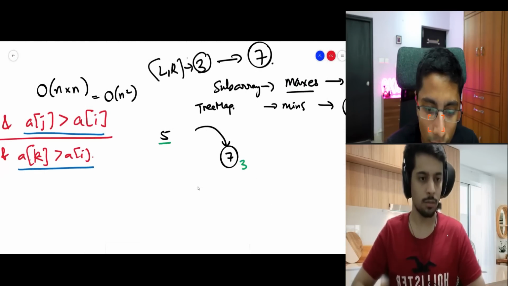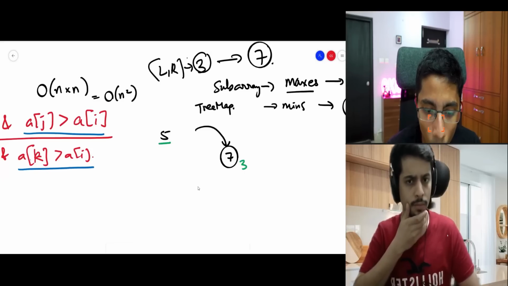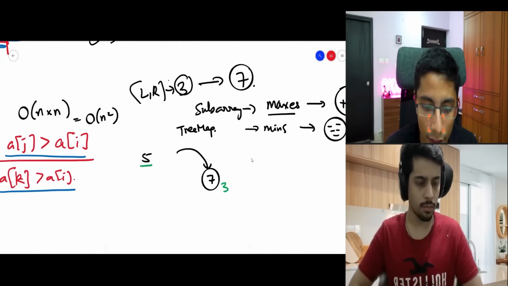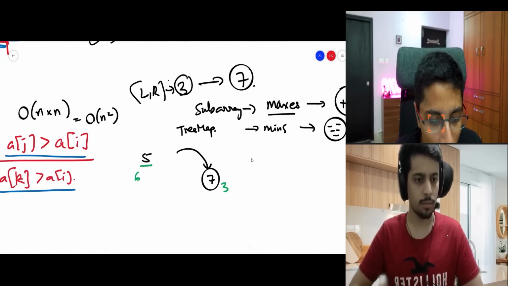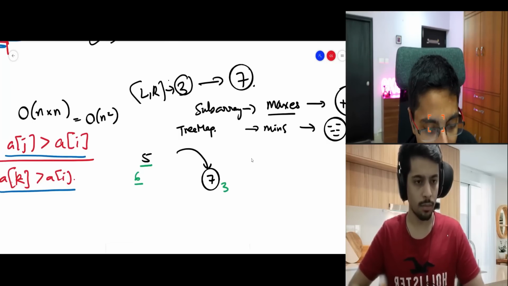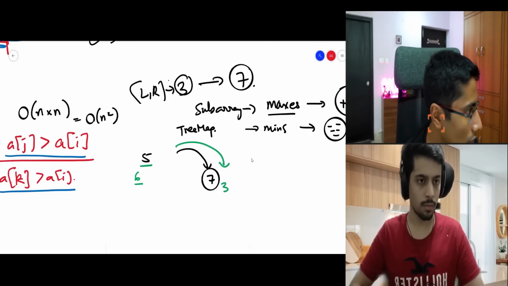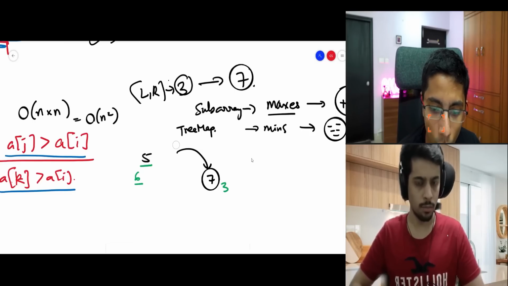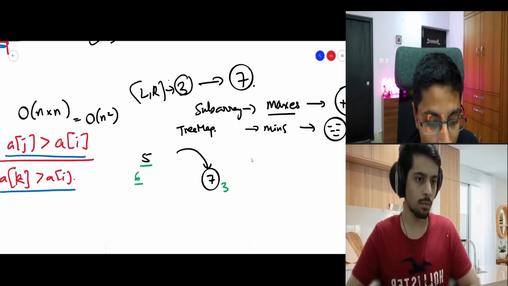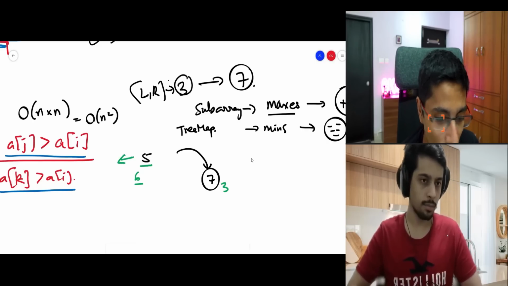Now 5 comes here. 5 says, what is my index? My index is 6. Which element is greater than me and has an index greater than 6? It says nothing. And which element is greater than me and has an index less than me? That is 7.